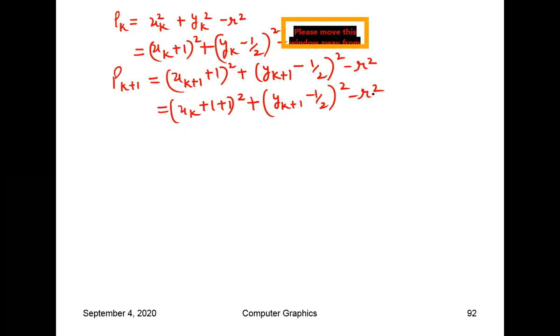So what we do is we'll be subtracting pk plus 1 with pk, like we did before.